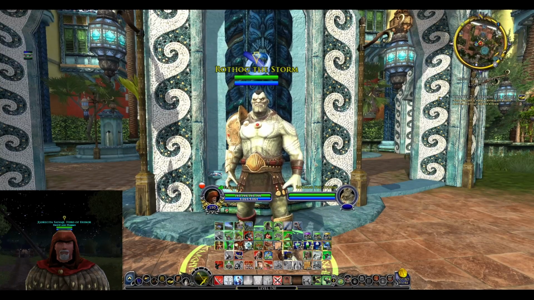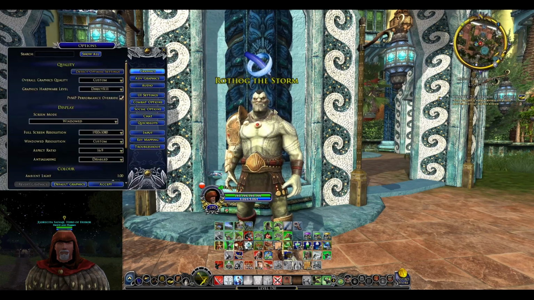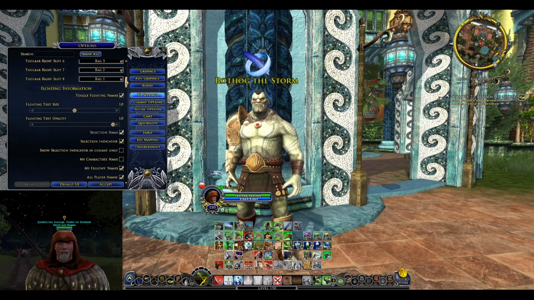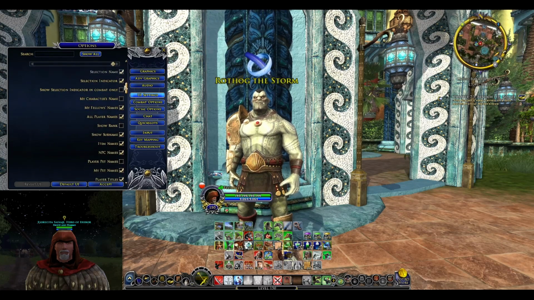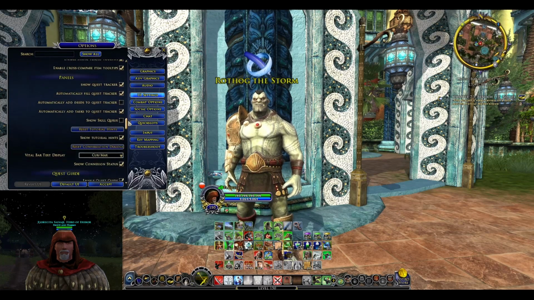Alright. Let me see what I could do about the text here real quick. So if I go to options and let me see. See what UI settings are. That's the toolbars. Tooltips, panels.